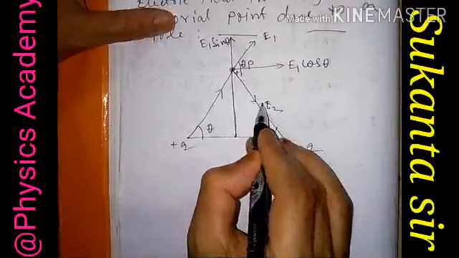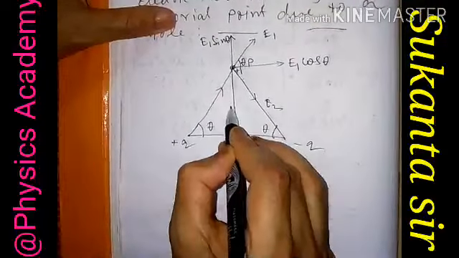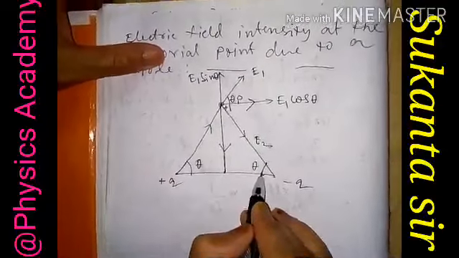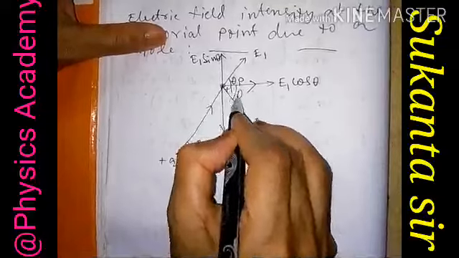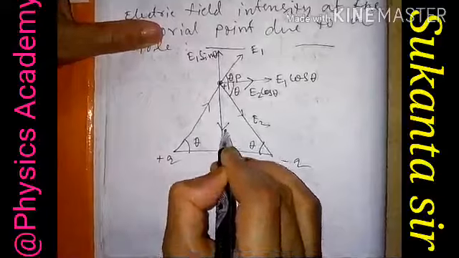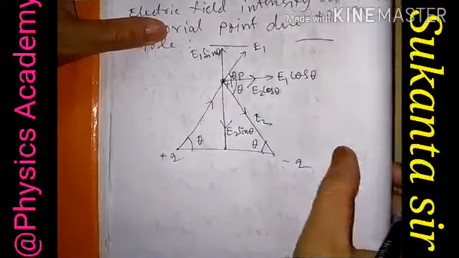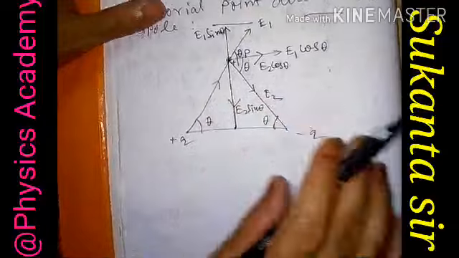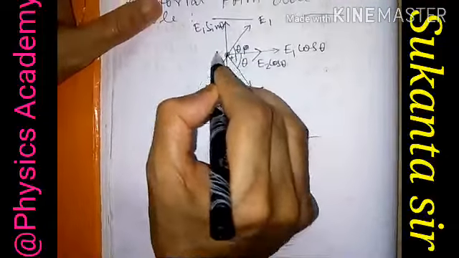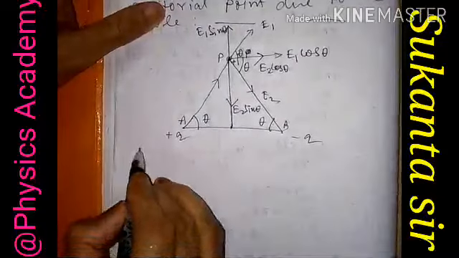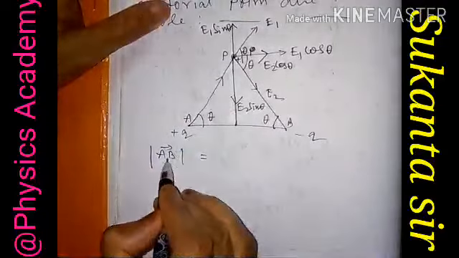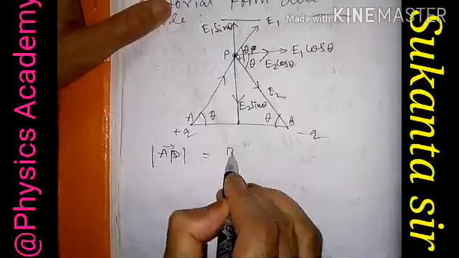Another vector is the E2 vector. It can also be divided into two parts, one along this direction and another along this direction. If this is angle theta, this component will be E2 cos theta and this component will be E2 sin theta. These are the different components of the E1 vector and E2 vector. Say the points are P, A and B. From here, the magnitude of AP equals the magnitude of BP.